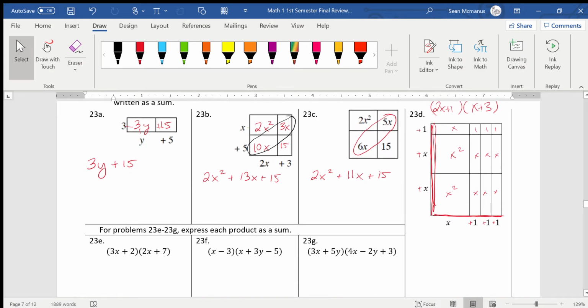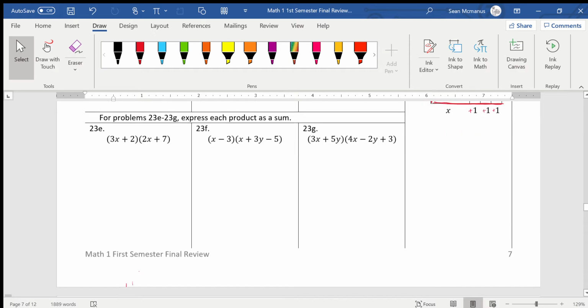So I won't do it right now because we've got enough practice with that way, but I'll end up with 2x squared plus 7x plus 3. And that would be the same thing here if I broke it down all the way. So I'll leave it up to you. If you don't feel comfortable with that way, I would really recommend doing it the way we practiced.